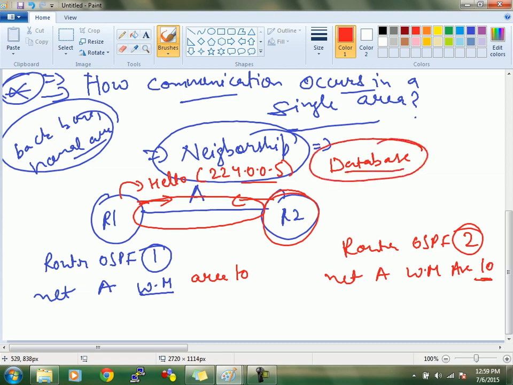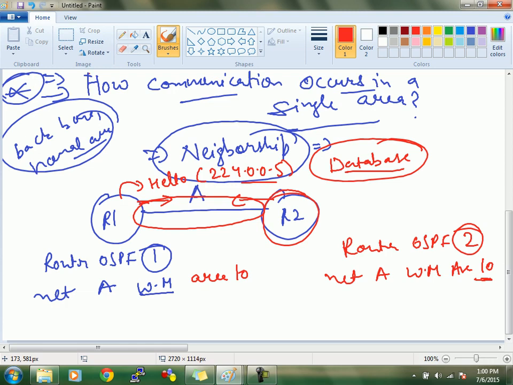Now, in case of OSPF, before sharing the database, first of all, two routers will become neighbors. After becoming neighbors, they will check some conditions. If those conditions are matched, then only they will exchange database. Otherwise, not. See, what is the difference in case of EIGRP? As soon as two routers become neighbors, they will exchange database.